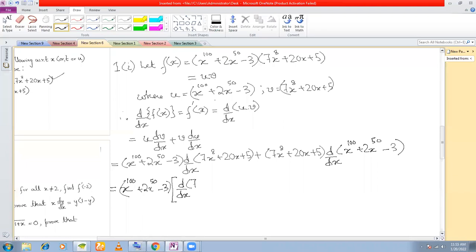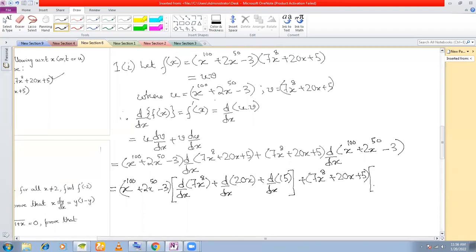So you get d/dx of 7x to the power of 8 plus d/dx of 20x plus d/dx of 15, right? And for the second one, you write this as it is, 7x to the power of 8 plus 20x plus 5.